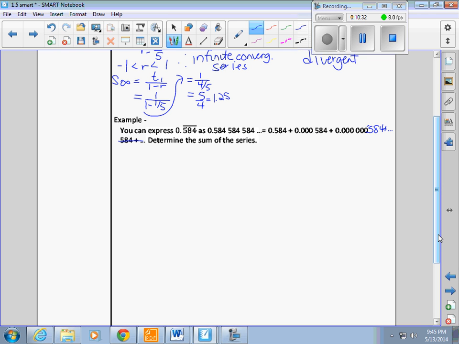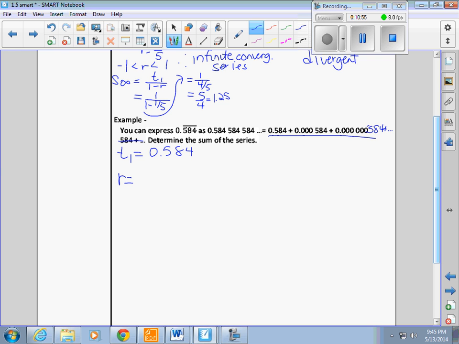So it says determine the sum of this series. In order to do that, you have to take a look at our expansion here. You have to take a look at the series and figure out your two terms, or your two variables. Term 1 is equal to 0.584.